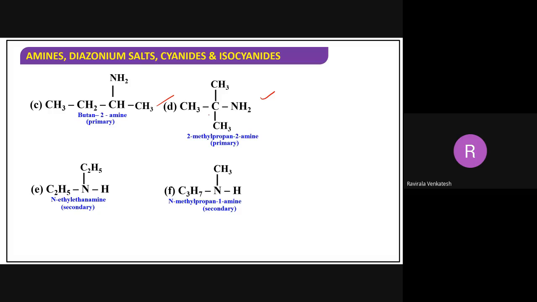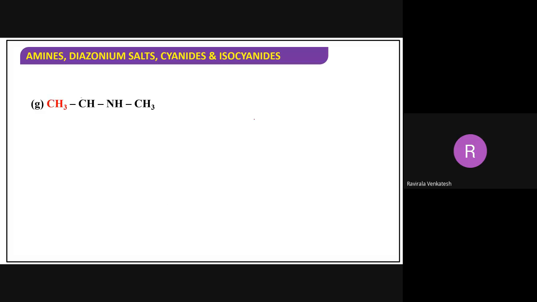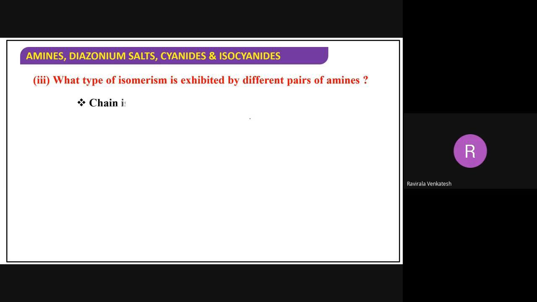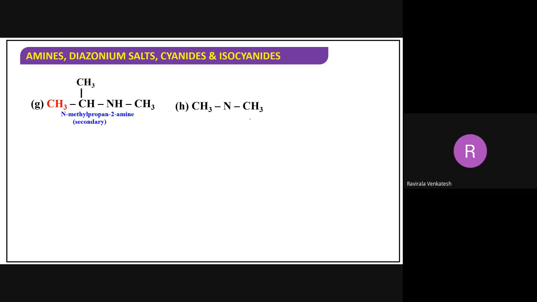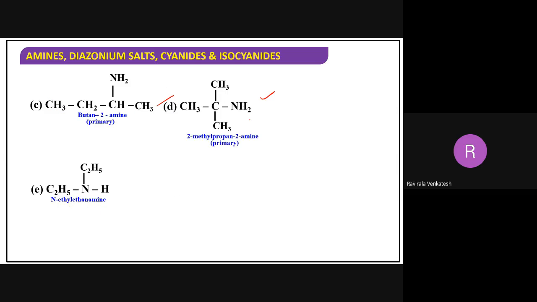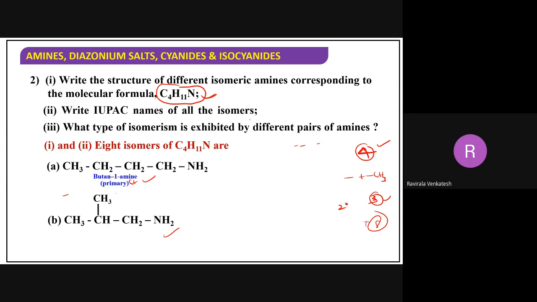These are all we got actually. And finally, one more. 8 isomers we got, right? What type of isomerism? Again, I will show you all these structures. First structure, second structure: butane-1-amine, 2-methylpropan-1-amine.